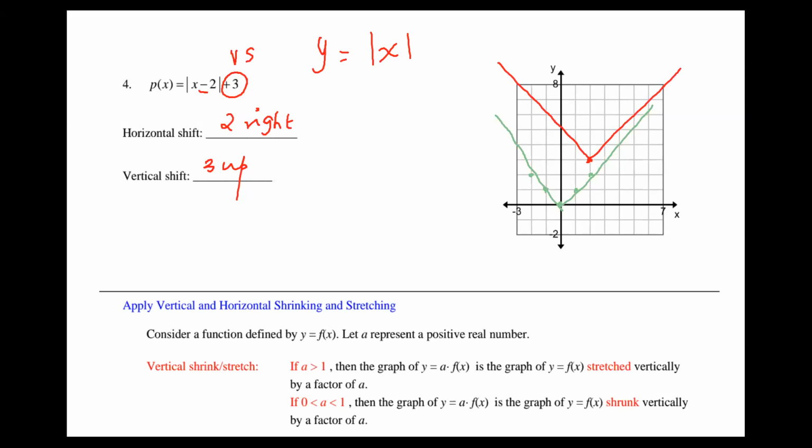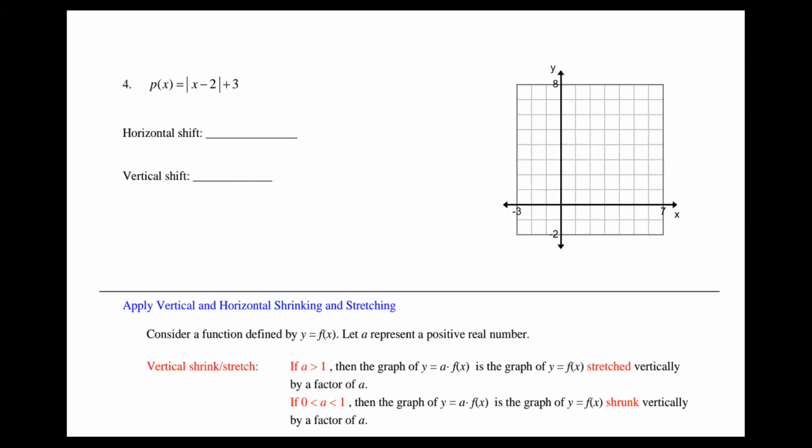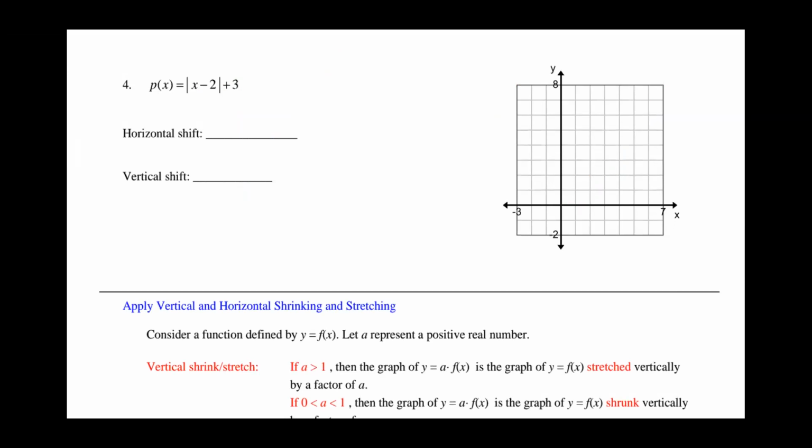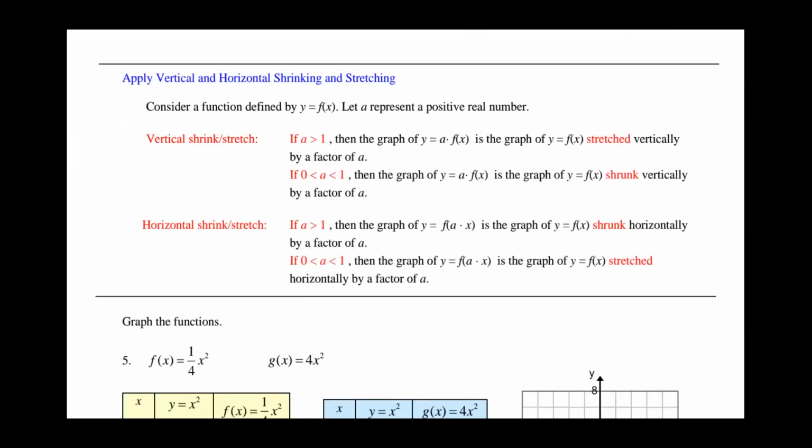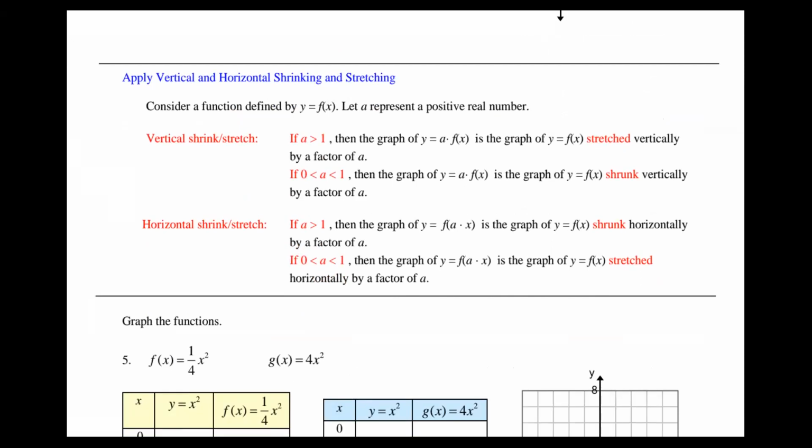Okay, so next we are going to learn about stretching and shrinking. So vertical and horizontal shrinking is, let's take the function y equals f of x, and if a is greater than 1, then y equals a times f of x is the graph which is stretched vertically by a factor of a.